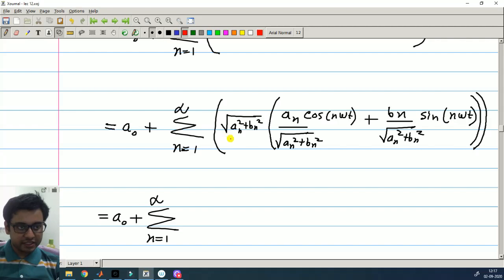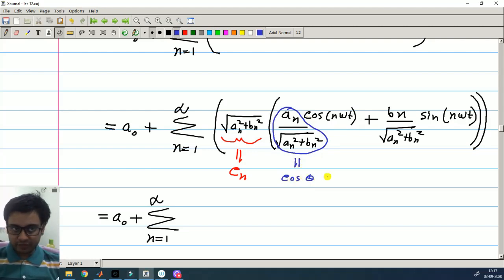Okay, and then you may write, let me define this term as Cn, and let me call this term as cosine theta for some theta, and this term as sine theta for some theta.